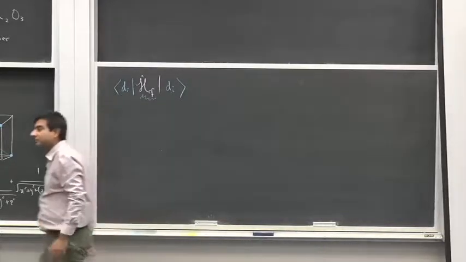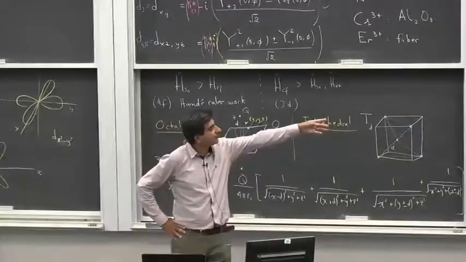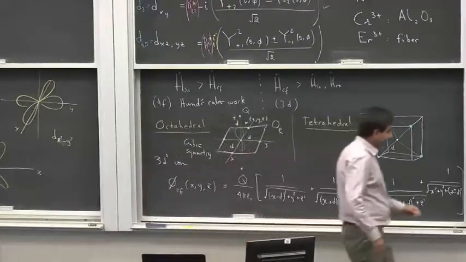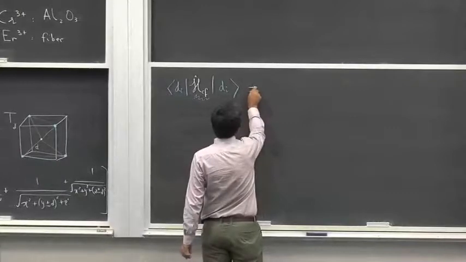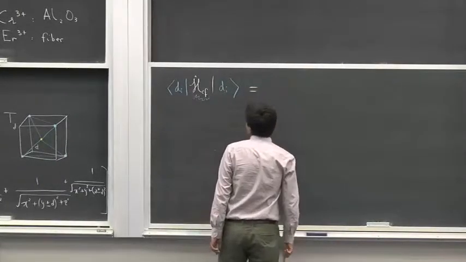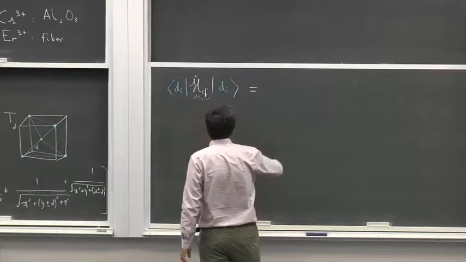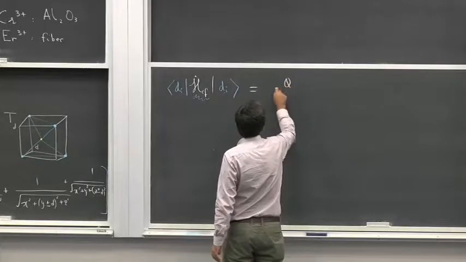And so the perturbation Hamiltonian will itself be an integral. Yeah, so this is an integral. This is an inner product. It has to be found through integral. So what I need to find is Q over 4 pi epsilon naught.